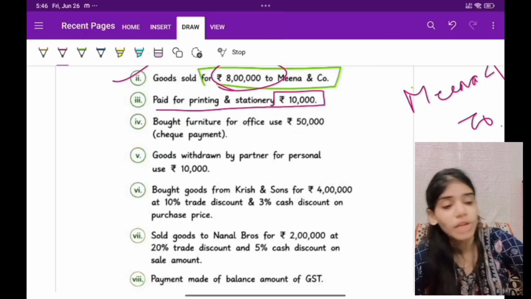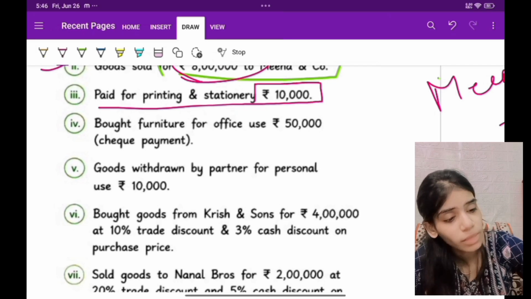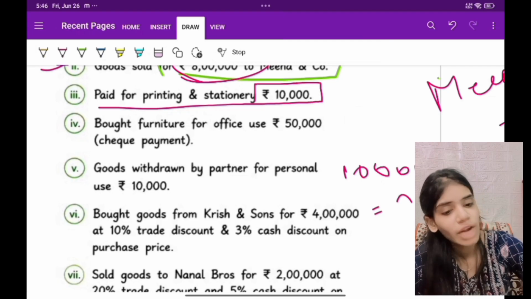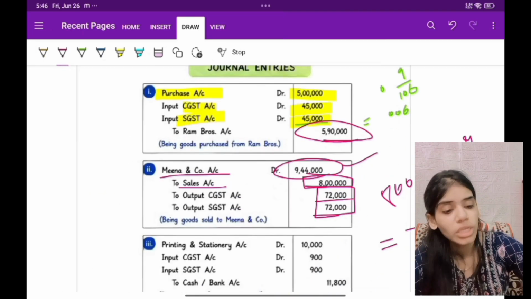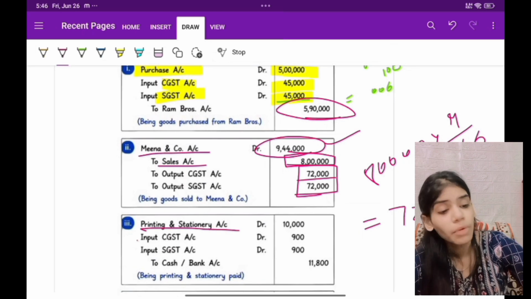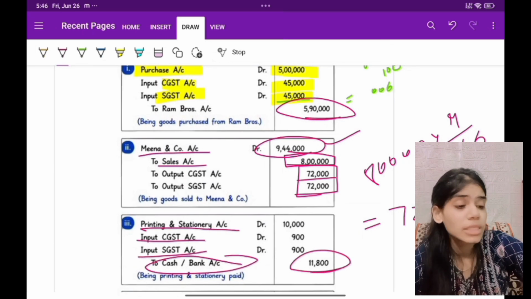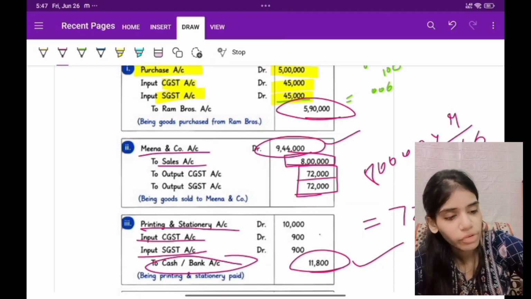Of course GST will be attracted, and we are purchasing 10,000 of the stationery item. So on 10,000, 9% GST amounts to 900. So here the journal entry that we will pass is printing and stationery account debit, input CGST account debit, input SGST account debit to cash or bank. So the total payment here we made is 11,800 after including CGST and SGST of 900.